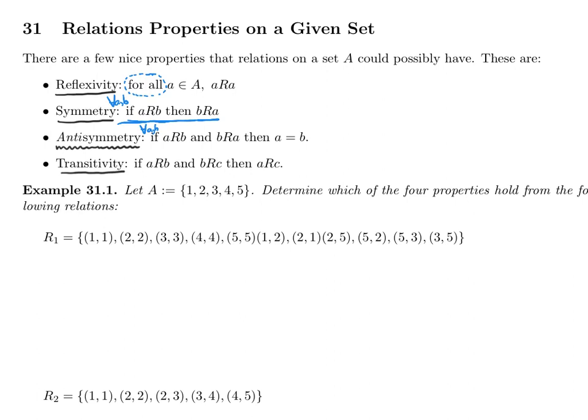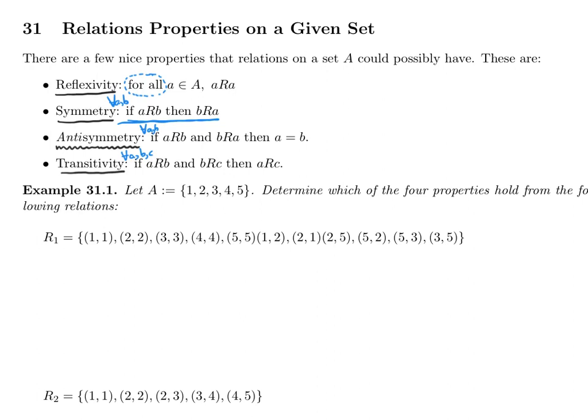Oh, that should be just B, and this is for all A, B, C. So we're thinking about these statements as being universally quantified. That means that each of these properties has to hold in every instance.